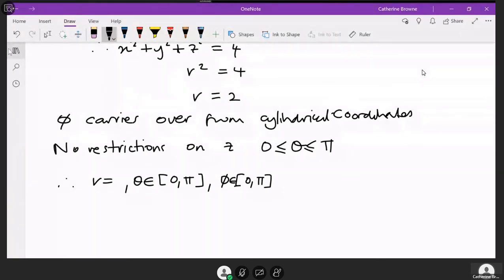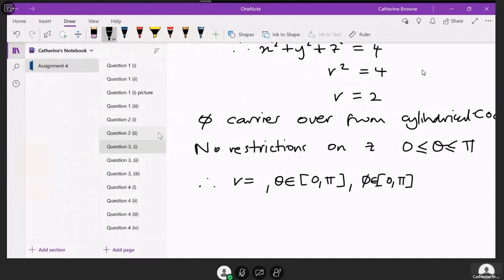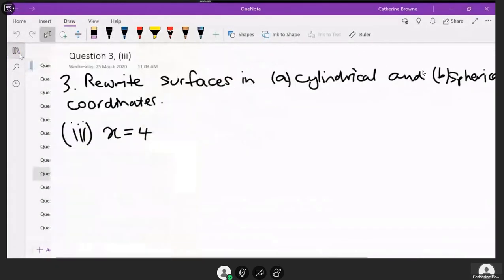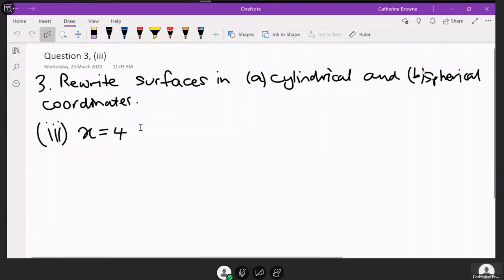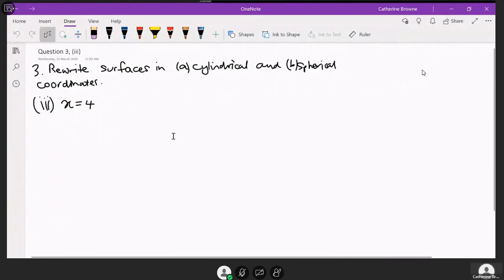I'm going to skip the next one I'd planned, and I'm going to look at rewriting the surface x equals 4. But I mean, you just want to do similar things. So x equals 4.